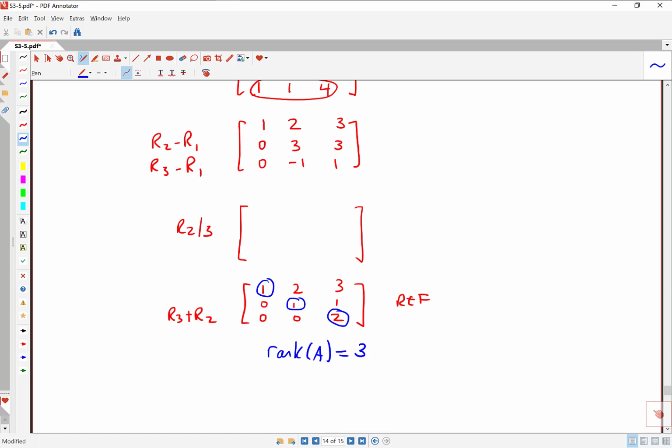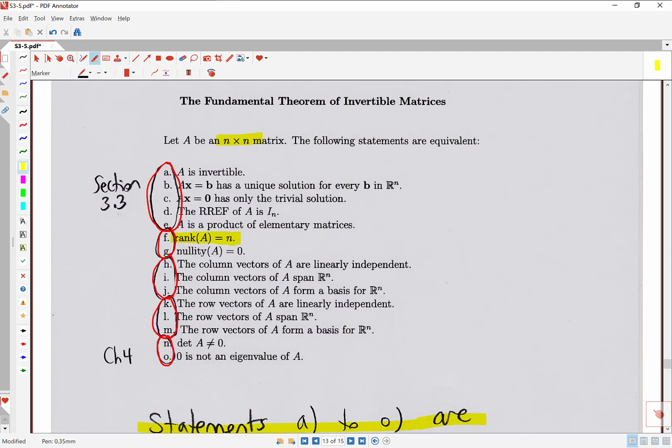So let's go back to our fundamental theorem of invertible matrices and see how that helps us solve the problem. So we had a 3 by 3 matrix, and we decided that the rank of that matrix was equal to 3. So statement F is true, and what that tells us is that all 15 of these statements are true for that particular matrix. Now the statement we're really interested in investigating is whether the rows of our matrix form a basis for R3. So because F is true, we can conclude that M is true, and that's going to give us the answer to the question.